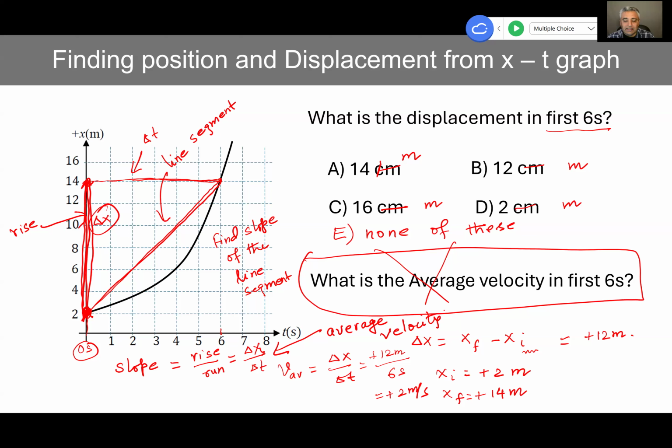Compute displacement, divide that by time interval, or equivalently, find the rise and run, means find the slope. Slope of the line segment connecting 2 points of interest is the average velocity between 2 points on the graph, okay?